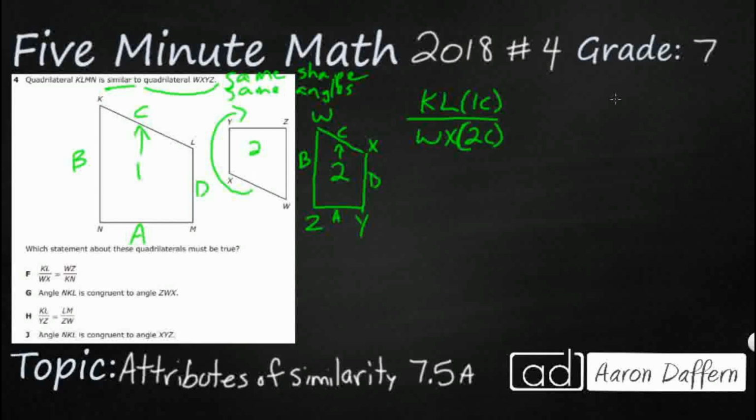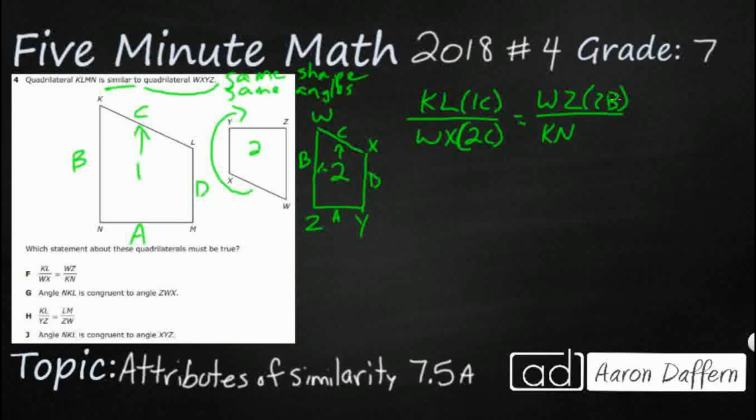So on our proportion, it looks like I would want 2 corresponding sides on shape 1 and 2 for this other one. So I've got WZ. WZ is going to be 2B right here. Well, if I had 1 in the numerator on the left side, KL was shape 1, I needed 1 to be in the numerator on the right side. So I could tell you this is going to be wrong.